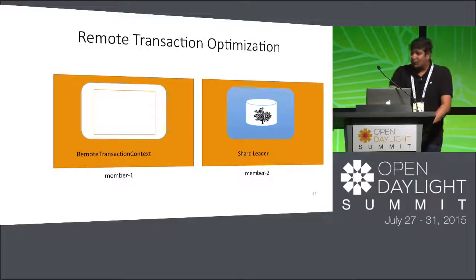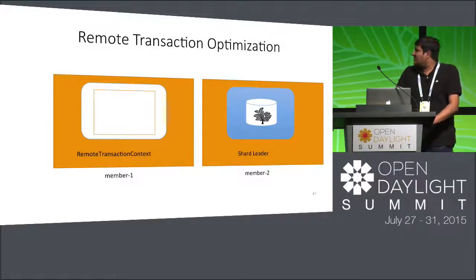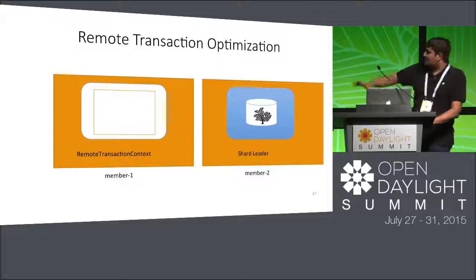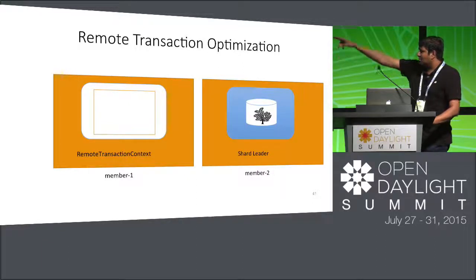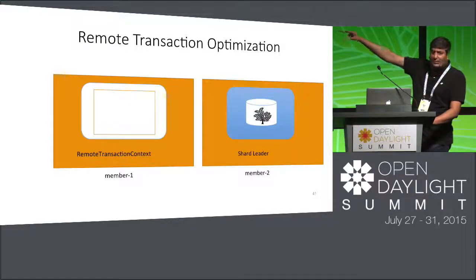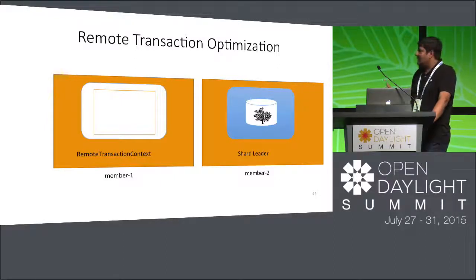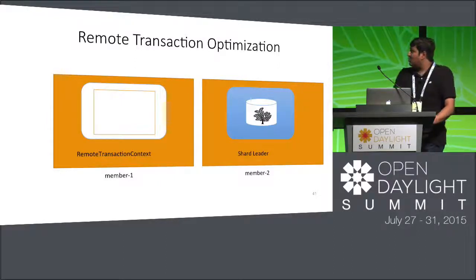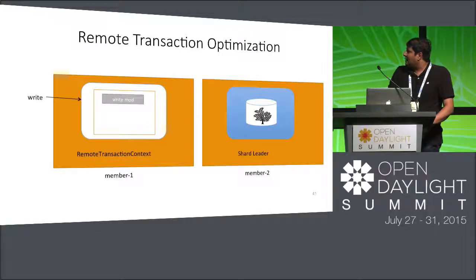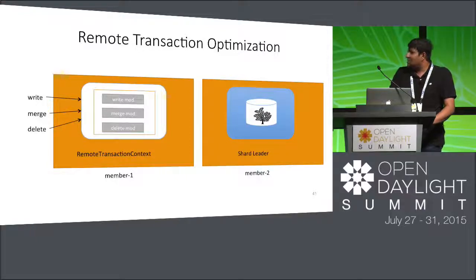For remote transactions, obviously we cannot steal a reference because, like you have member 1 and member 2, the remote transaction context is on the client, and that's remote. So you don't have a reference to the tree. The only optimization that we can do over here is when you make modifications, we collect the modifications locally into a list. So here we did a write, we put that into the list, merge, put that into the list, and so on and so forth.